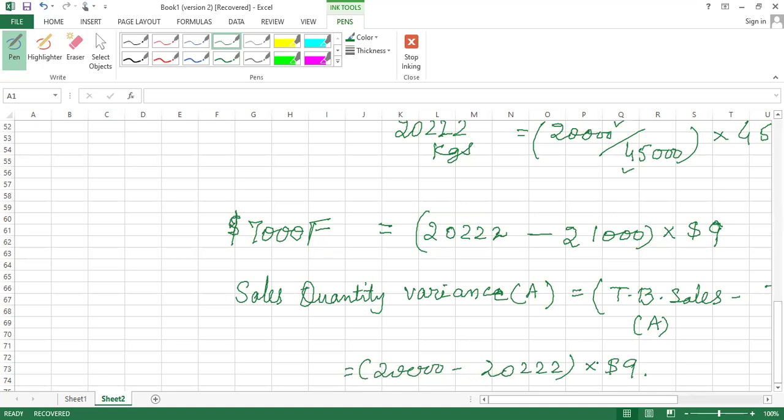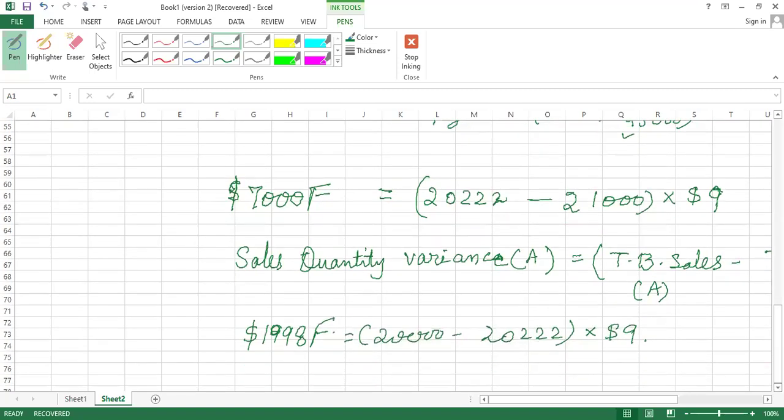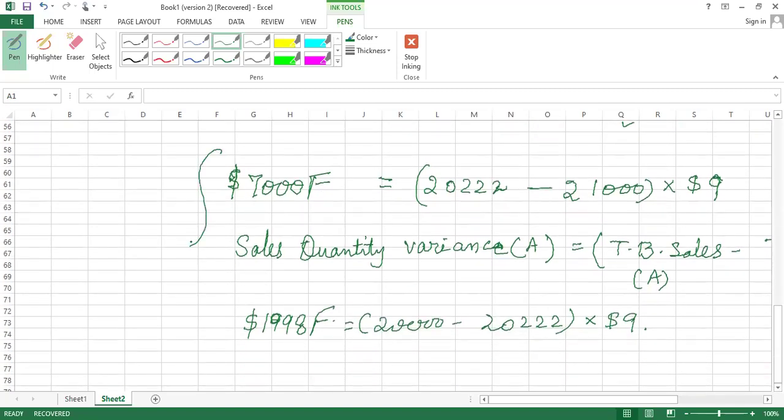So we should sell more than the budget. So it means what? It means higher sales will lead to higher revenue. Higher revenue will lead to higher profit. Higher profit will lead to favorable variance. So by chance both the variances are favorable and their sum is 8,998 favorable.